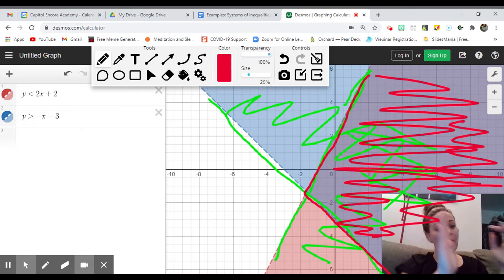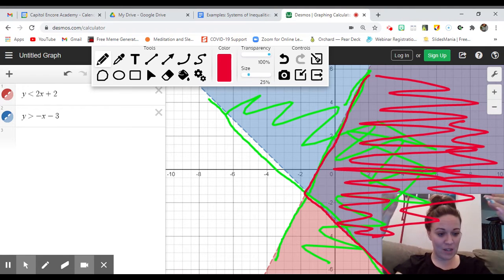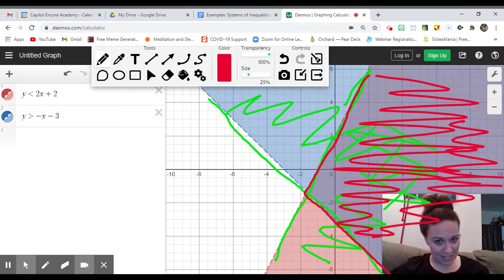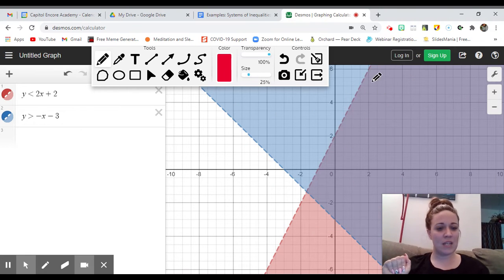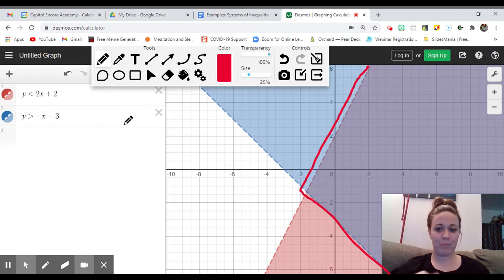Meaning that all points in that section are true for the first inequality and true for the second inequality. We can visualize this if I clean this up: you can see where they overlap in that same area. So that section of the graph is where my solution is located.